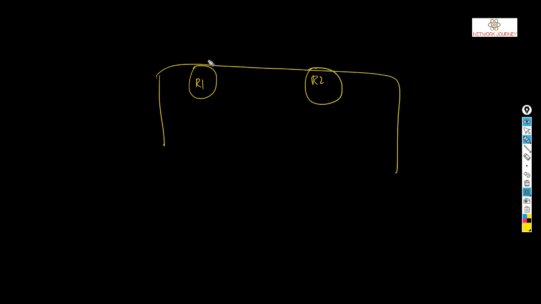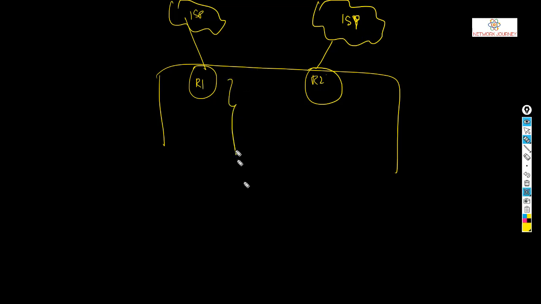So you might be aware that a lot of times we have router 1 and router 2 in our enterprise, and say one connects to an ISP, internet service provider, and we have another internet service provider. You might have heard us saying that we are making use of IP SLA to monitor the quality of one of the ISPs, and if we are not happy with that, the link will automatically fail over to the next link.